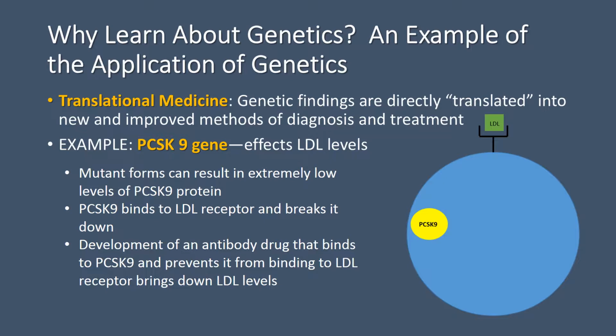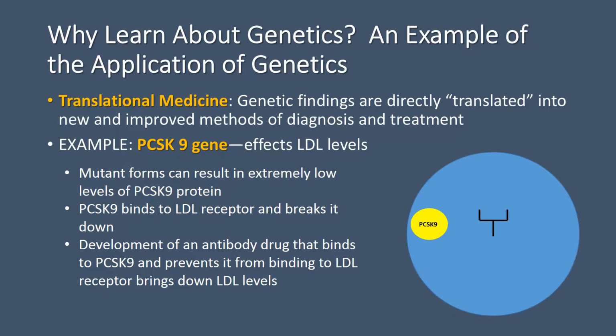But to make things more complex, you can have a perfectly fine receptor, and the receptor will bind to the LDL and pull the LDL into the cell. But there's another protein involved in this process called PCSK9. Once the LDL is brought into the cell, it gets broken down and recycled by the cell.